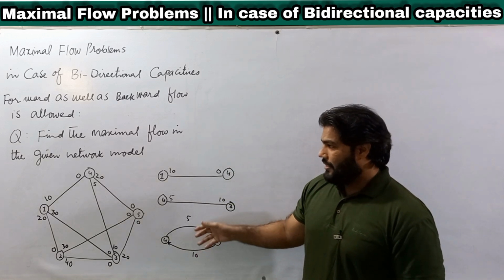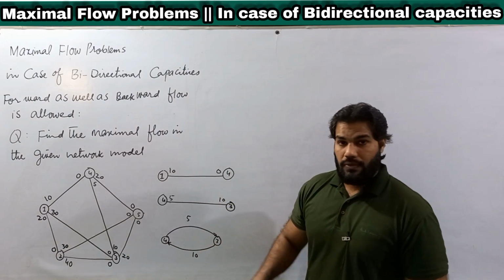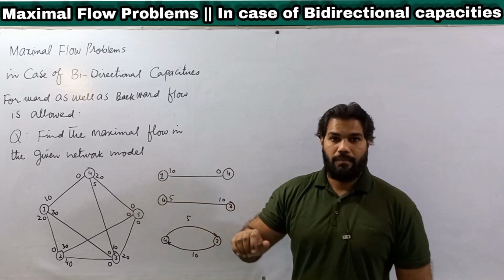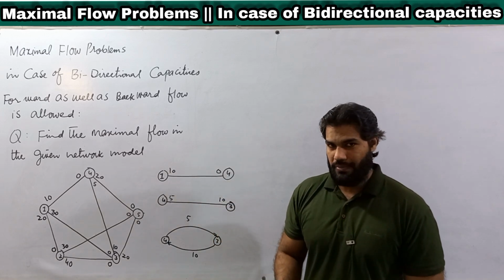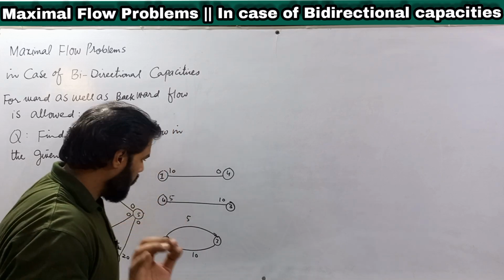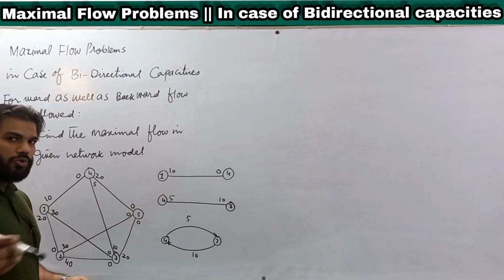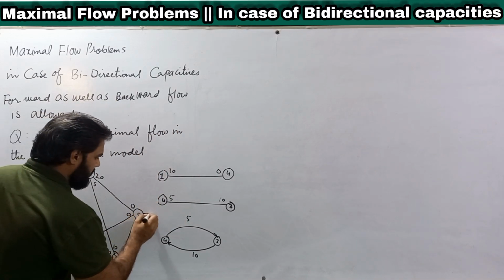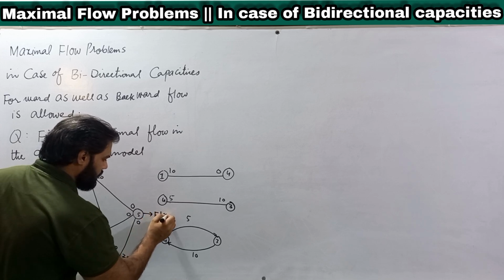So let us start how we will solve this network model by using the Ford Fulkerson algorithm method. In the start, we will suppose there is a 0 unit of flow at the sink node.